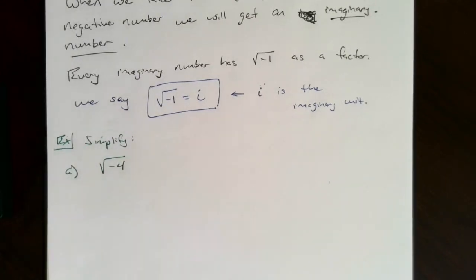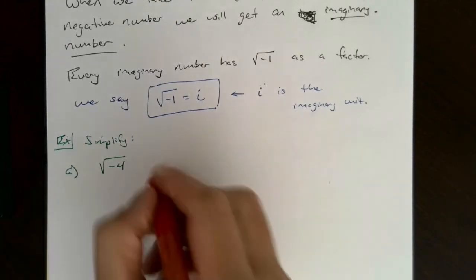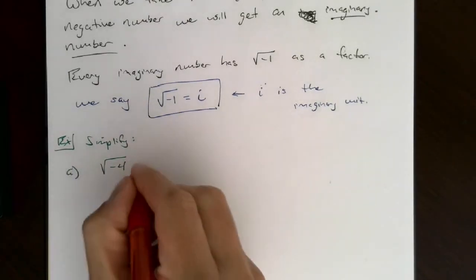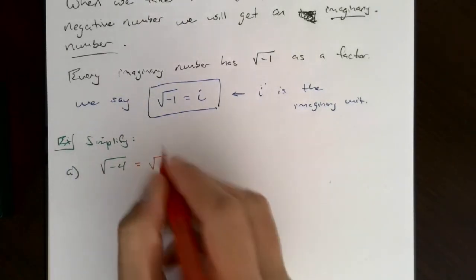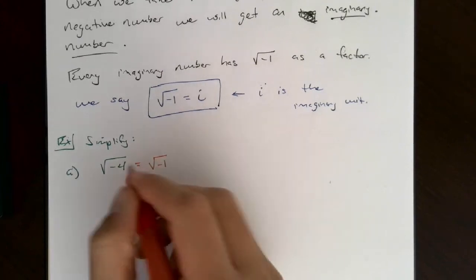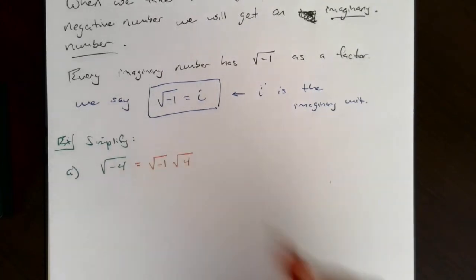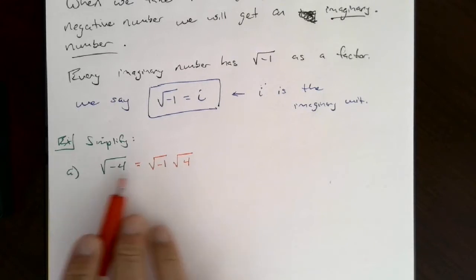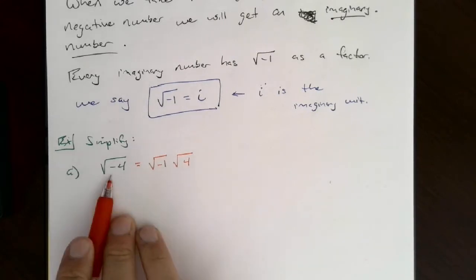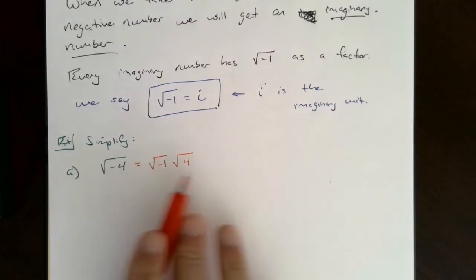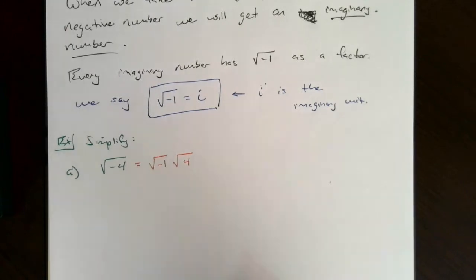Now we know the square root of negative 4 is not a real number because you can't take a real number and multiply it by itself to get you a negative. But what you can recognize here is that if you were to write this as a factor, you could factor out the square root of negative 1 times the square root of 4. In other words, the square root of negative 1 times the square root of 4 gives you the square root of negative 4. So square root of negative 1 is a factor times the square root of 4.